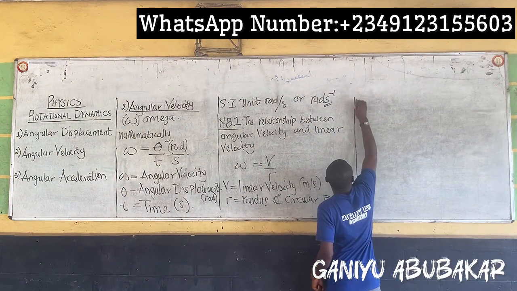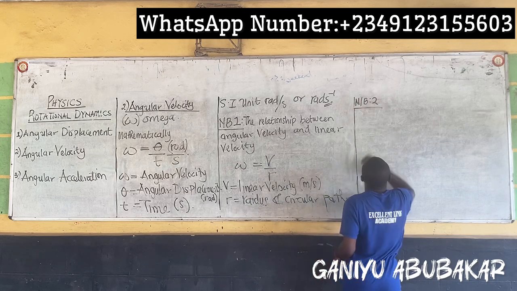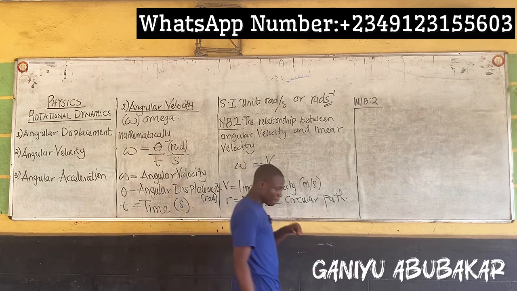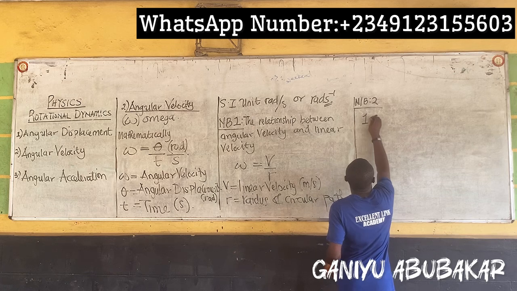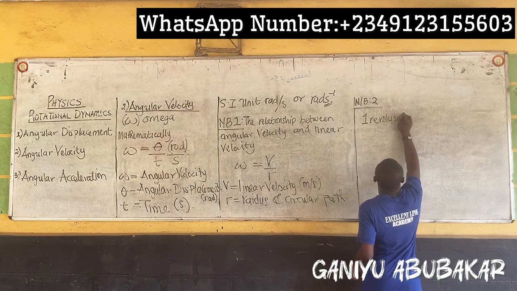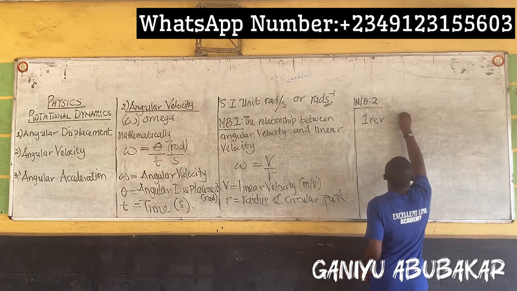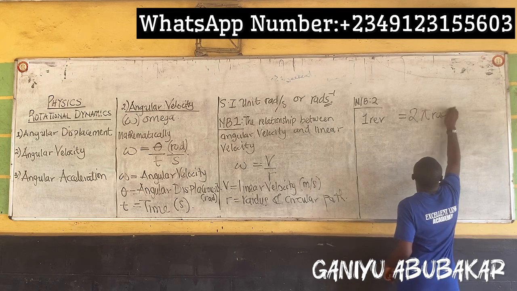Note number two. Note that one revolution is equal to 2 pi rad.